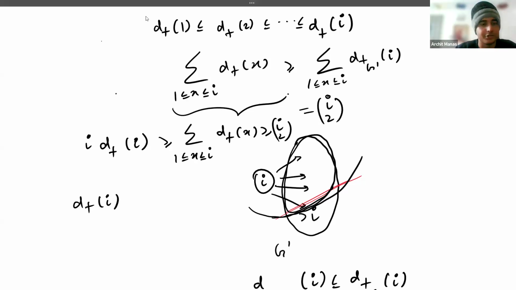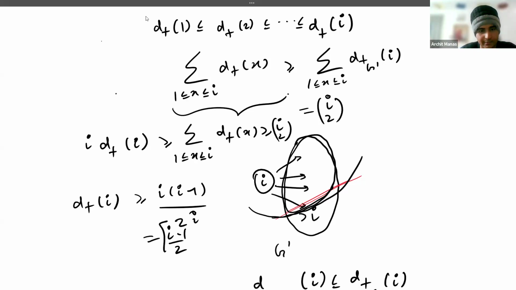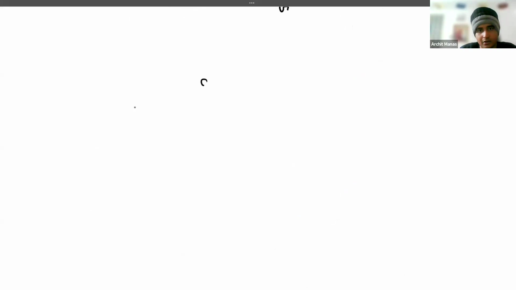Sorry about that. Okay. So you get d plus of i is at least i times i minus 1 over 2i, which is just i minus 1 over 2. And of course, you can improve this to ceiling because d plus of i is an integer. So that gives us a lower bound.